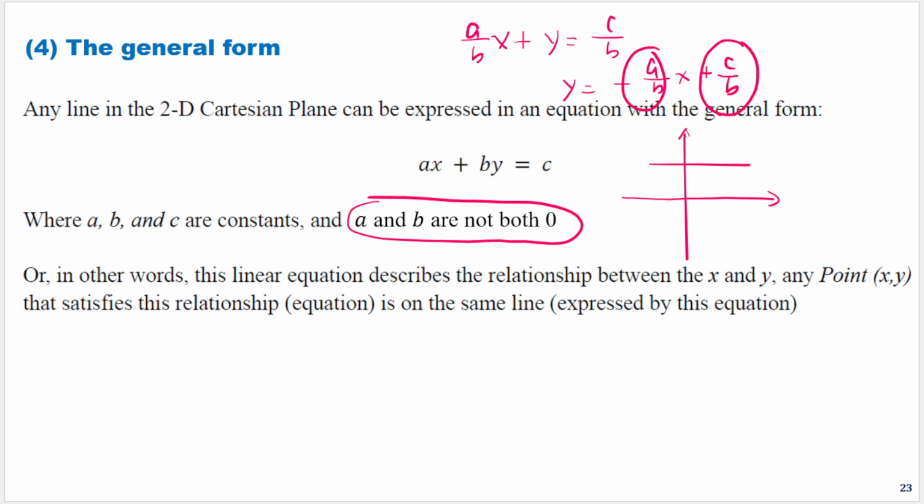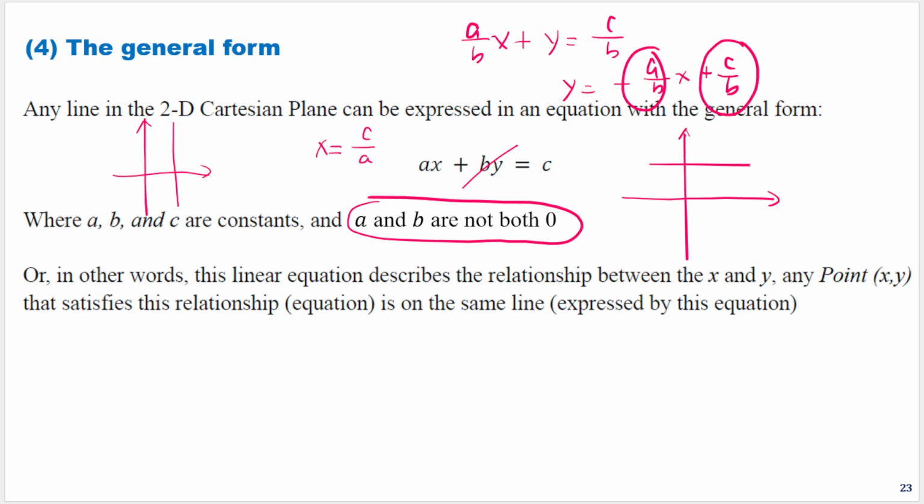In that case, a equals 0. We simply have by equals c, which is y equals c over b, right? And you can also use this equation to express a line that is parallel to the y-axis. In that case, this term does not exist. We simply have x equals c over a, right?